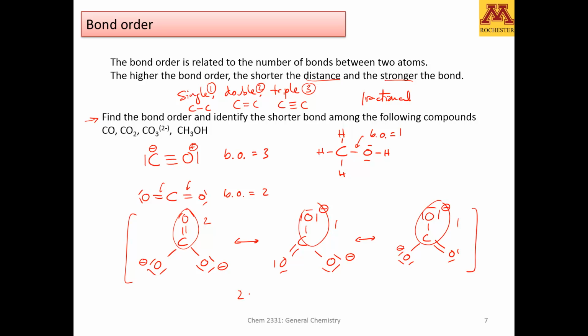Well, it's double, single, single again, divided by 3 structures. This is 5. Sorry, I do not know how to add. This is 4/3, or in other words 1.33. The carbon-oxygen bond order in this case is 1.3 or 1.33. Doesn't matter. Okay.